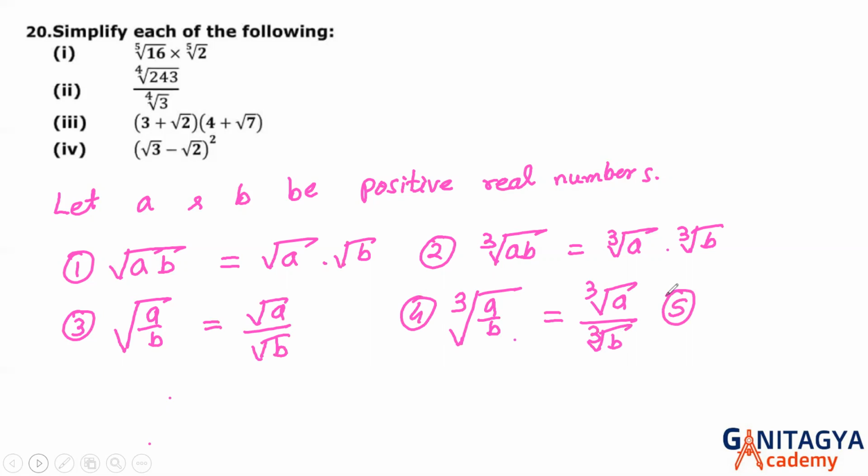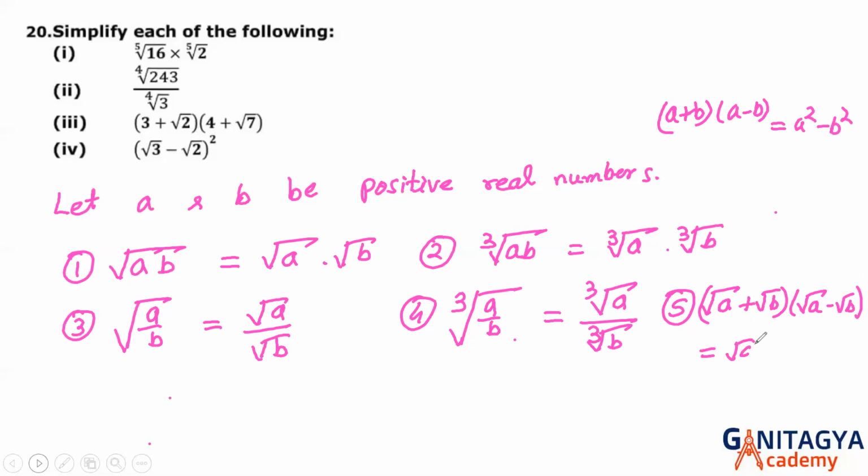Now 5, see, under root A plus under root B into under root A minus under root B. You know the formula A plus B into A minus B, that is A square minus B square. So it will be under root A square minus under root B square, so I can write it is A minus B.